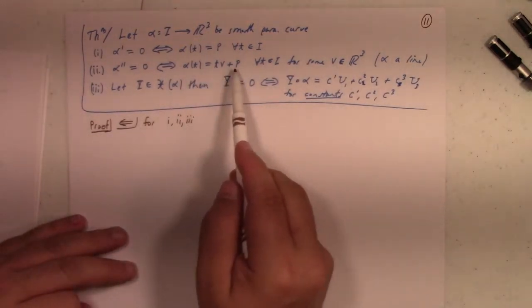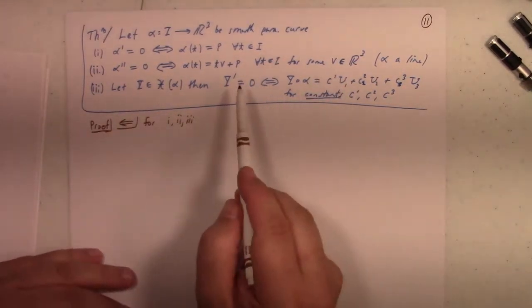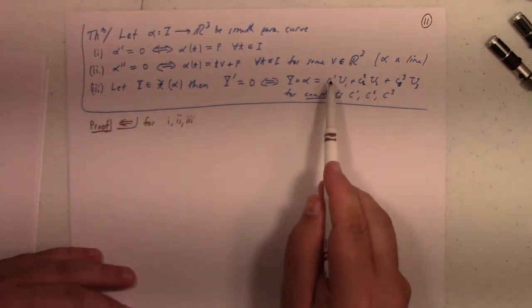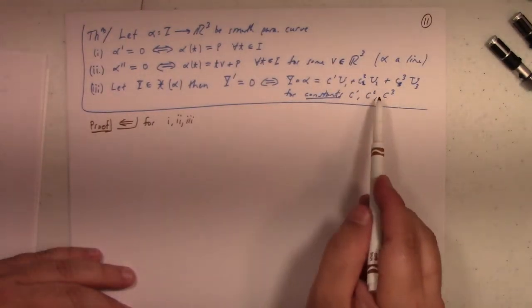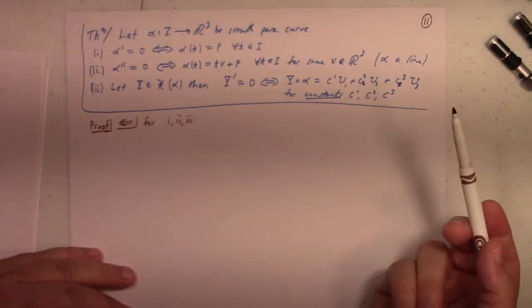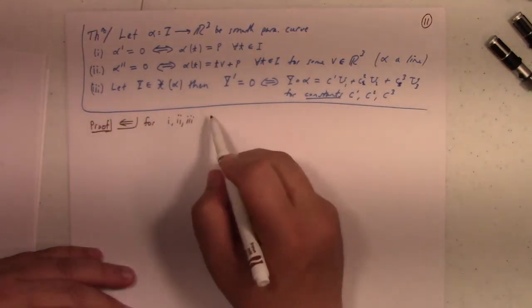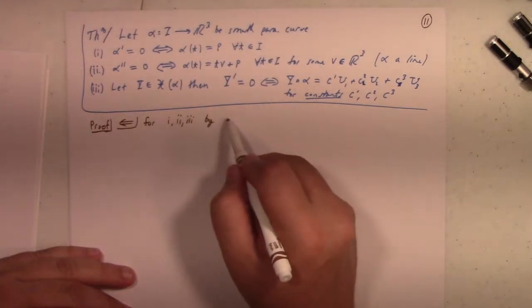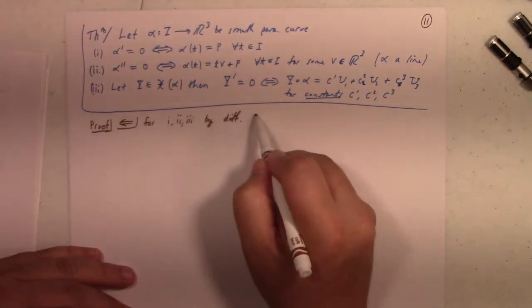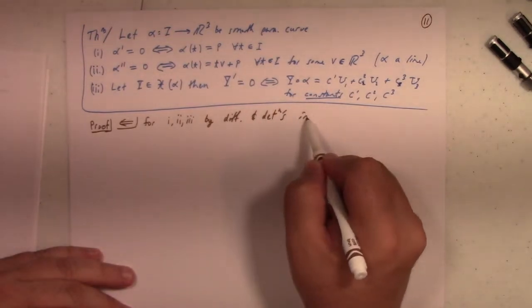If alpha is given like this, you differentiate twice, you get alpha prime prime is 0. If the components of Y along alpha are constants c1, c2, and c3, and I differentiate, it's 0. So that direction of the biconditionals is immediate from differentiation and the definitions involved.